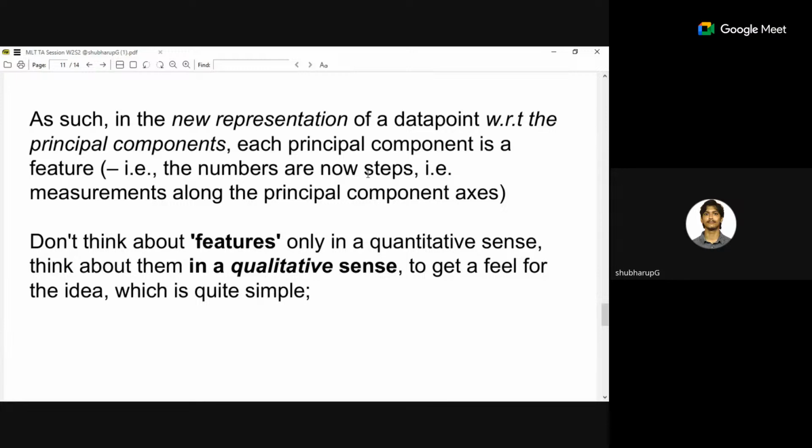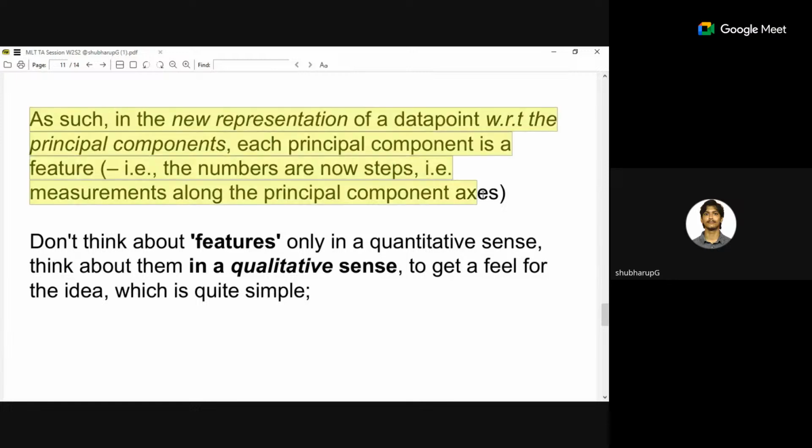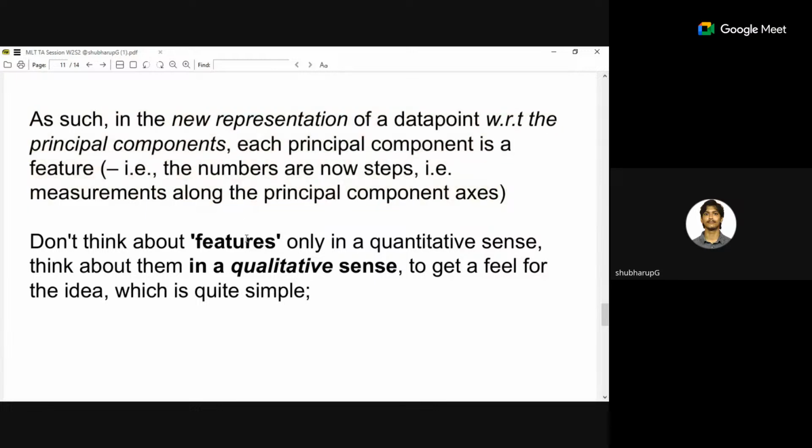So relatively trivially, features in that sense. These are the new axes in my basis grid, or axis grid, now. But that's great for the math and arithmetic part of it.